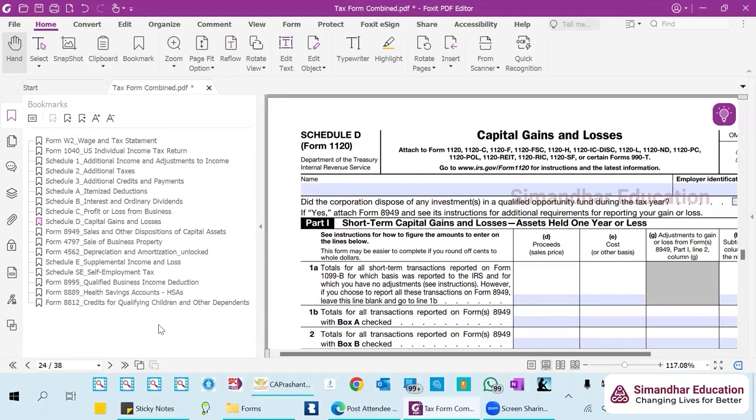I want you to feel it basically. I want you to feel the forms. I want you to feel that you know 1040. I want you to feel the schedules, from where the numbers are coming on to 1040.